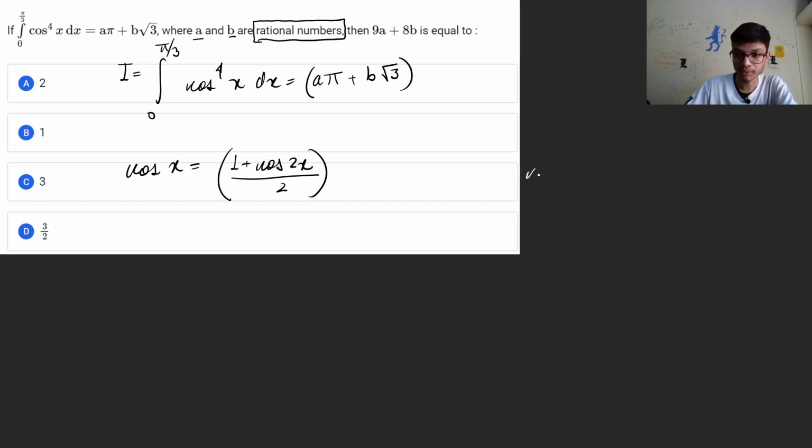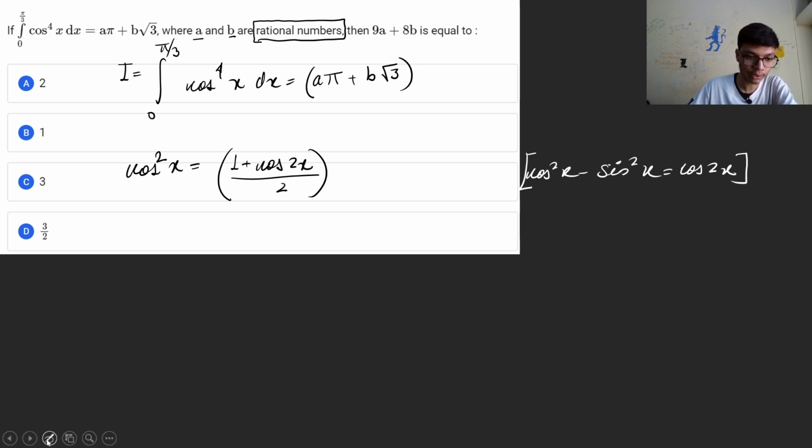For cos, cos square x minus sin square x is equal to cos of 2x. If you manipulate and replace sin square x as 1 minus cos square x, you will find this result. Okay, I forgot a square over here. So cos square x is equal to 1 plus cos 2x divided by 2.